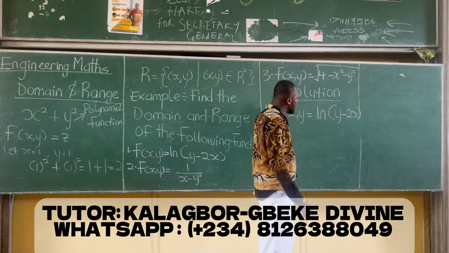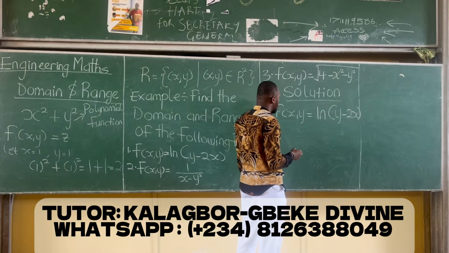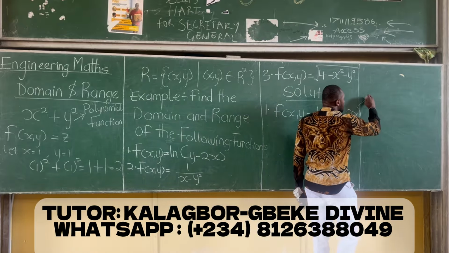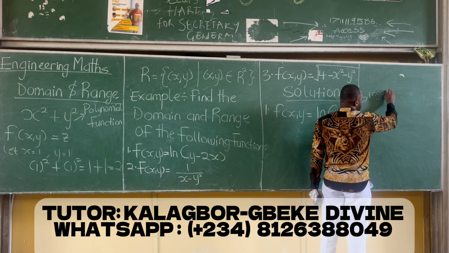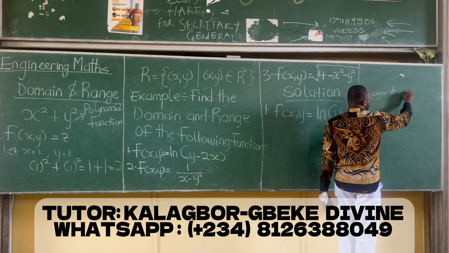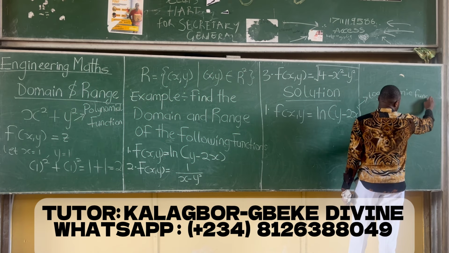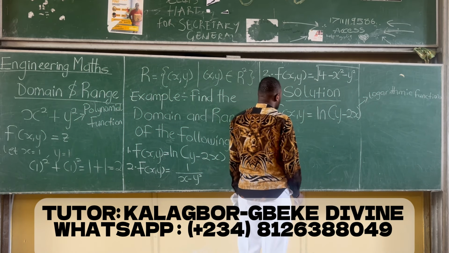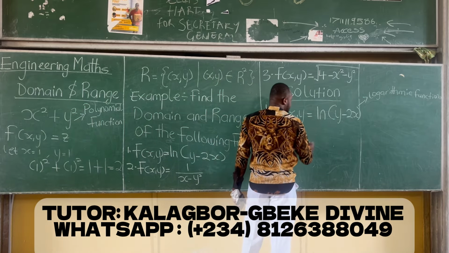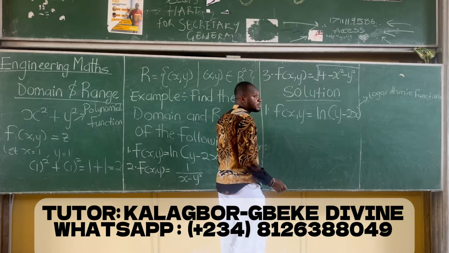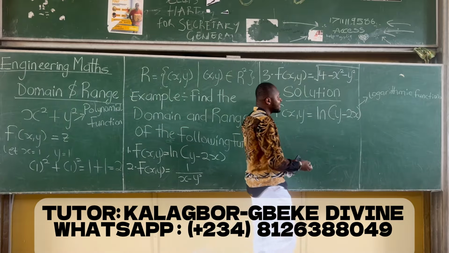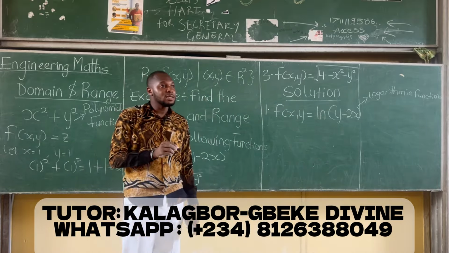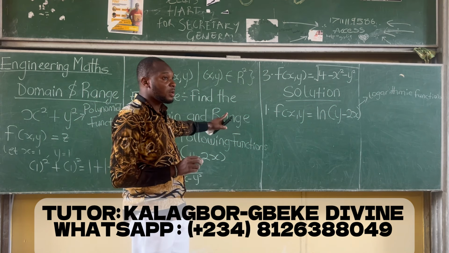Now, take note. For us to determine the domain of this logarithmic function, we know that the value, that's this expression, y minus 2x, should be greater than 0 for this function to be defined, right?